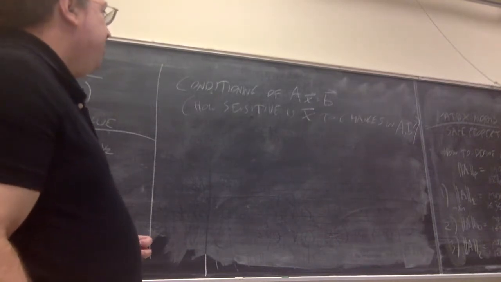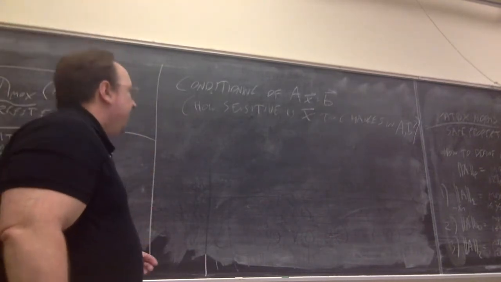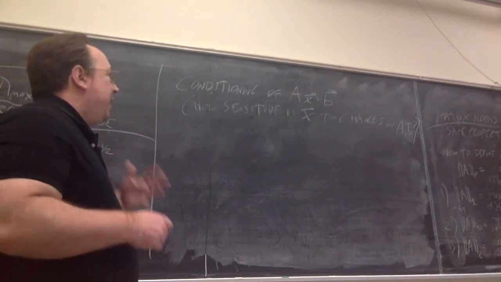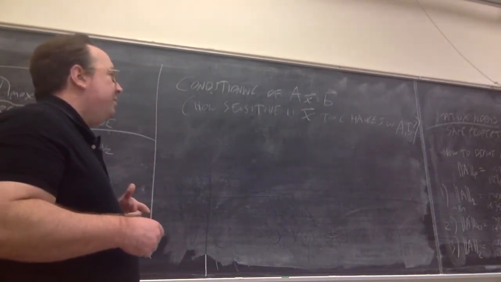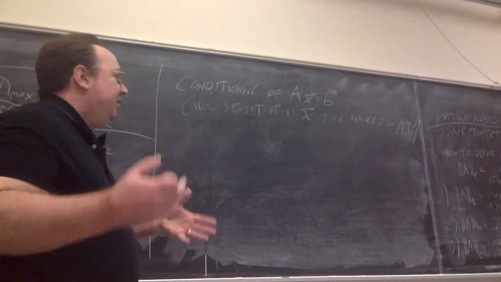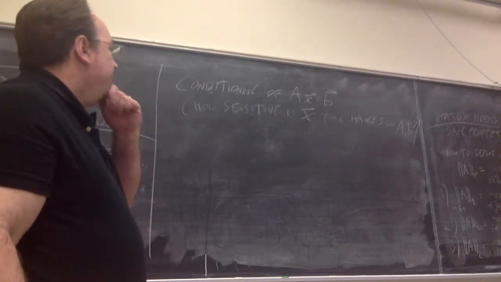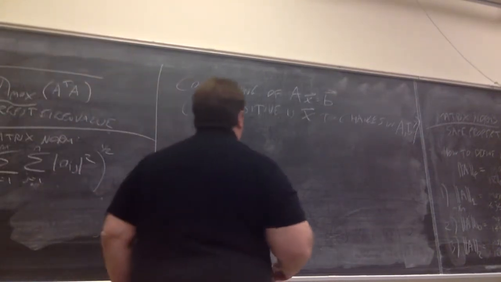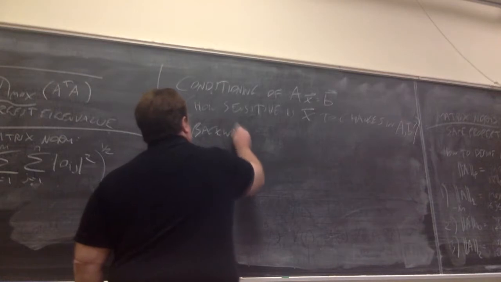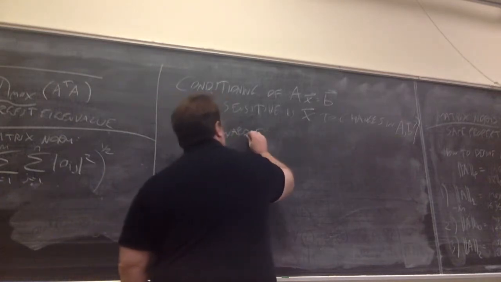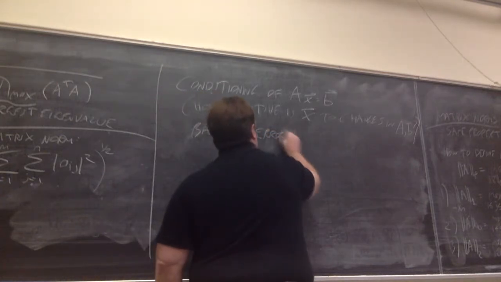And there are some examples where that can happen. So we want to get a handle on, if there's some error in A or b, like your input, how much could that be amplified to cause error in your output? So the idea is we use a concept I covered last semester, backward error analysis.